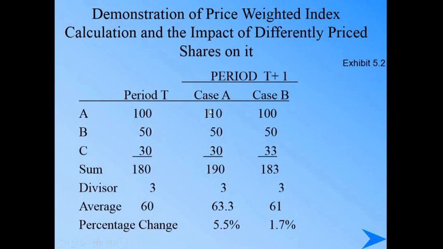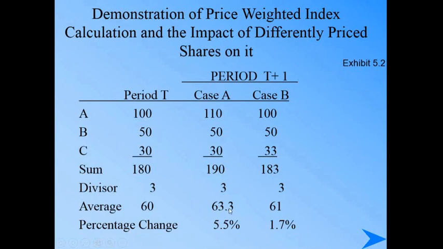Now let's say the price increased to 110 for the first one, for this one it remained 50, and for this one it remained 30. So what happens is that the sum will become 190. If there is no split or reverse split, the divisor will remain the same. So if the divisor is 3, we'll get 63.3, 190 divided by 3. You can do it with your own calculators.